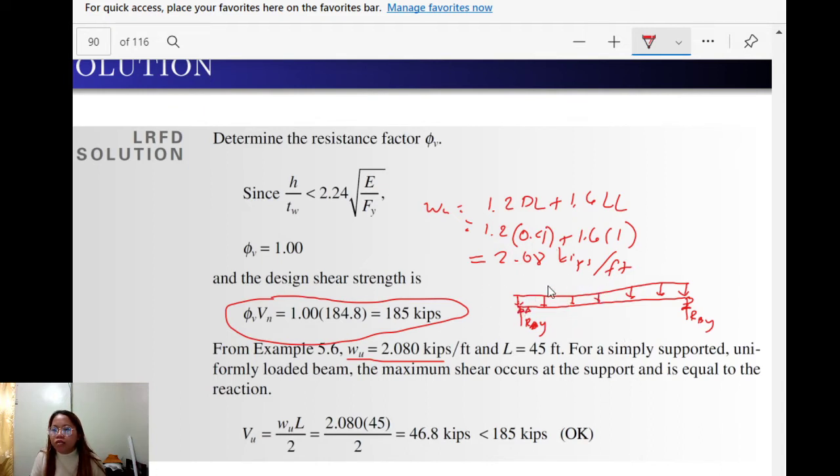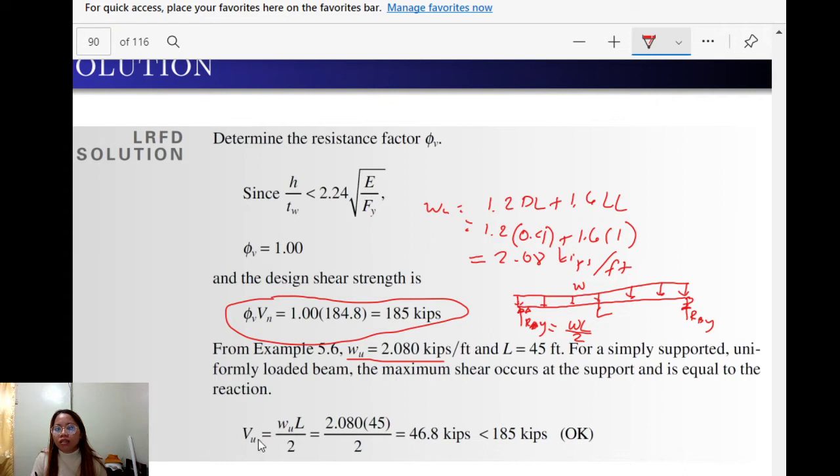If this is W and this is L, the support reaction is equal to WL over 2. This is your maximum shear, of course, at the support.